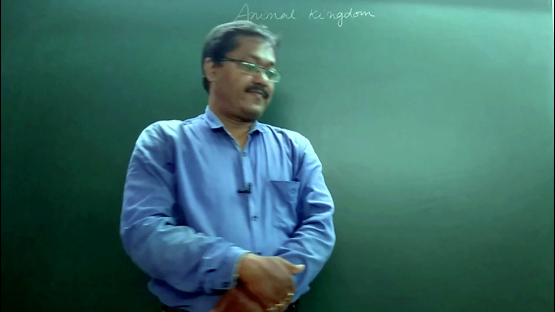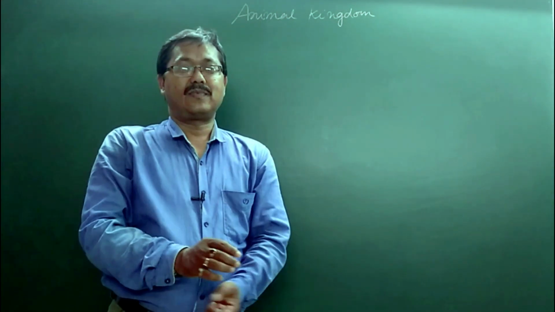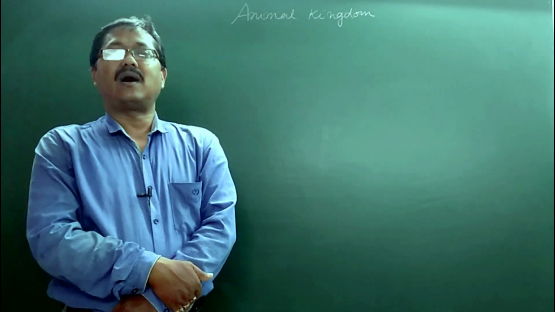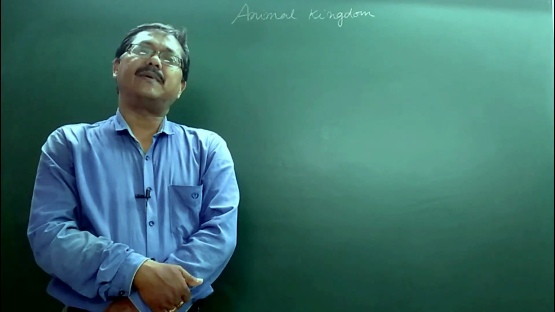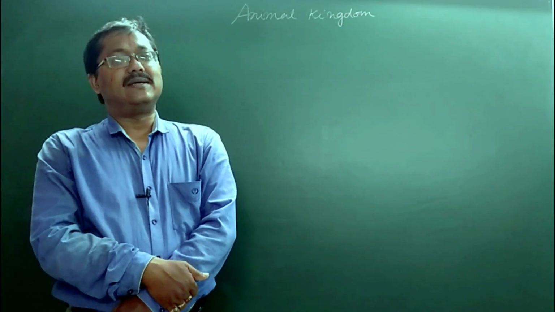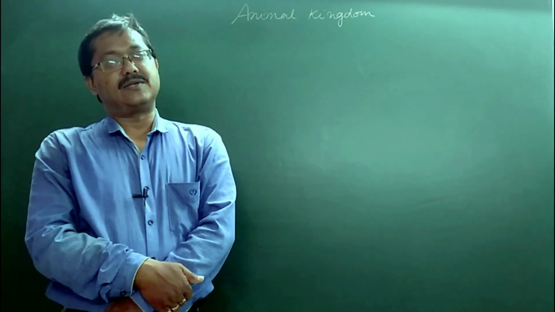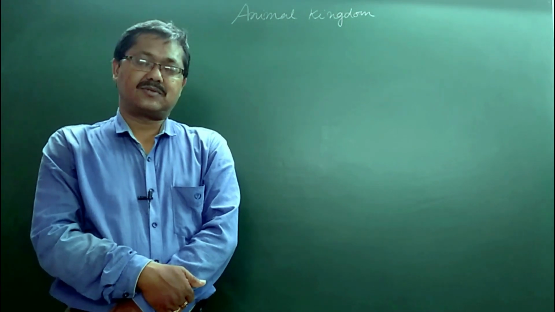My dear students, today we shall discuss the animal kingdom. If we look around our environment, we can observe different types of animals, from very simple unicellular to multicellular and more complex organisms.